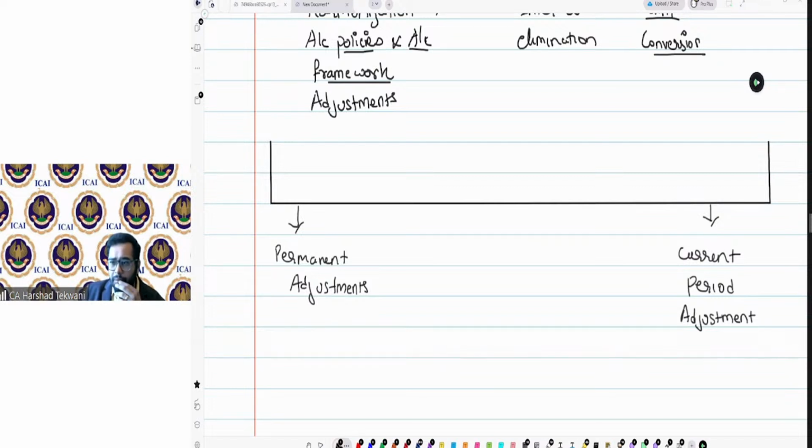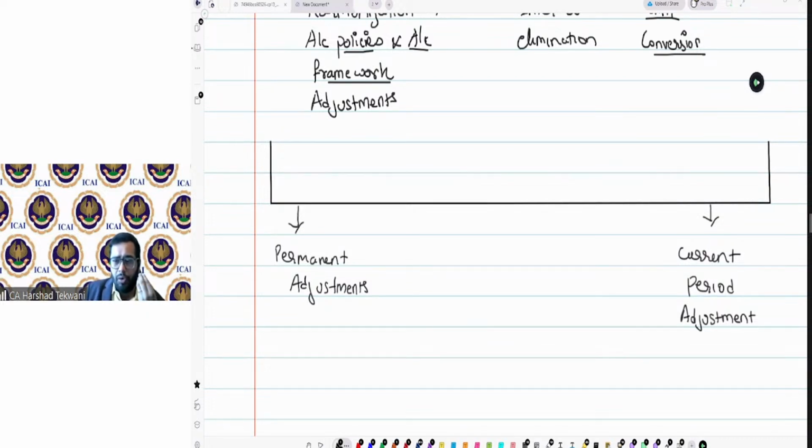Come on, guys. You have chapter 13 in the first subject, that is consolidation and separate financial statement of group entities.